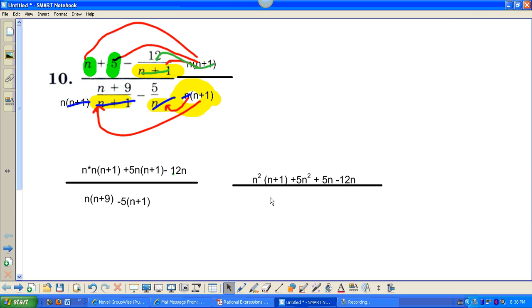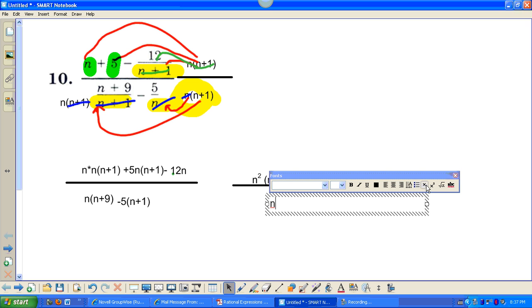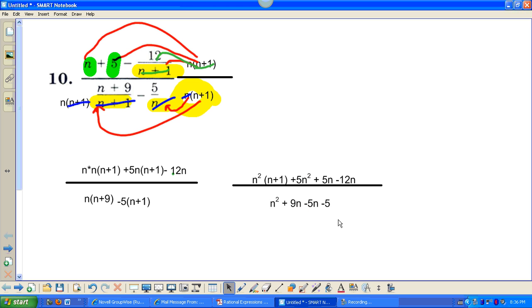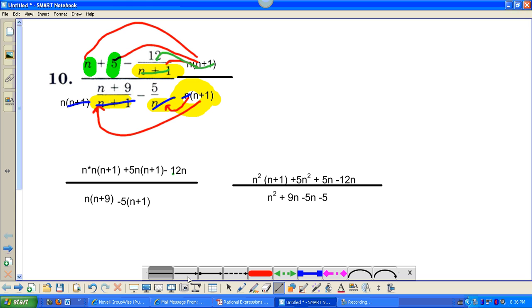In the denominator, I'll have n squared plus 9n minus 5n minus 5. Okay, so let's combine some like terms and see what's going on.